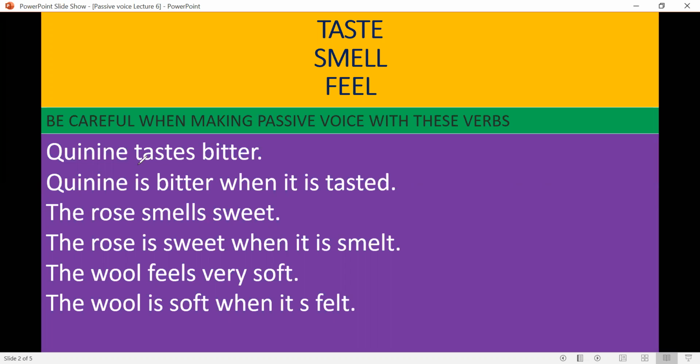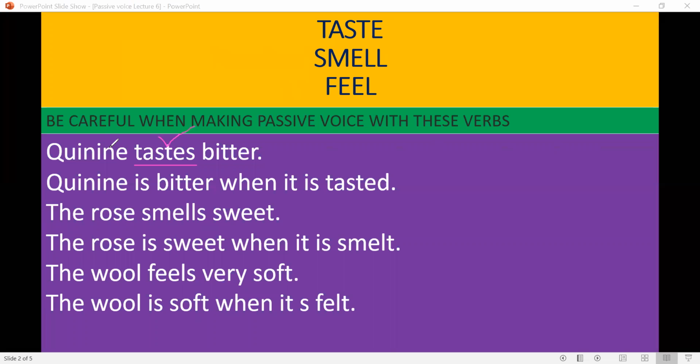So here, taste is a verb. We need to make this active verb into passive. If we make it "bitter is tasted by quinine" or something else like this, it will make the sentence worse and it will even lose its meaning.